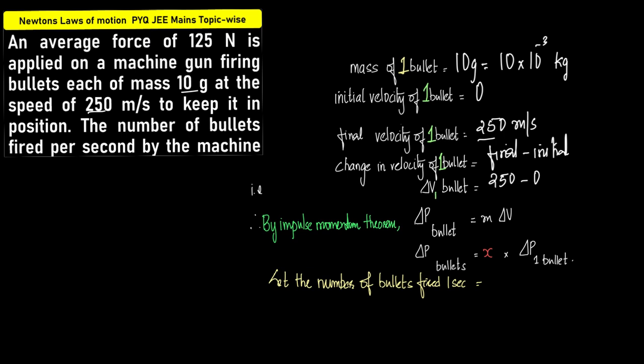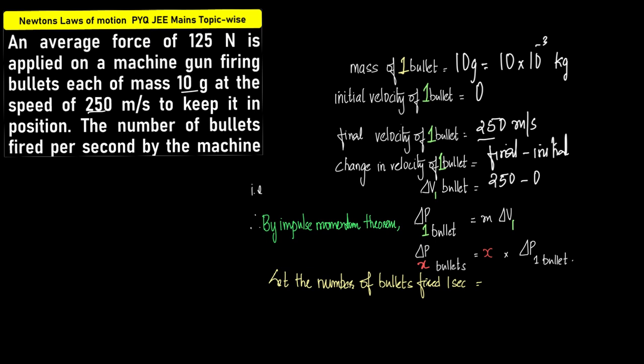By the impulse momentum theorem, delta P of one bullet is equal to m into delta V of one bullet. Then delta P of x bullets would be equal to x into delta P of one bullet. Straightforward, unitary method: if one pen costs 2 rupees, then 2 pens will cost 2 into the cost of 1 pen.